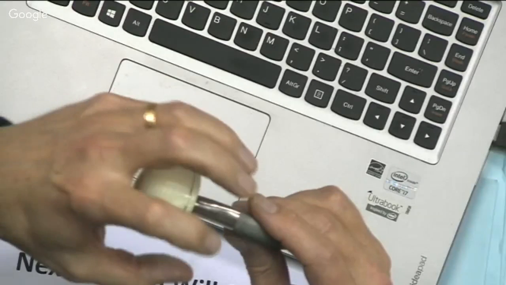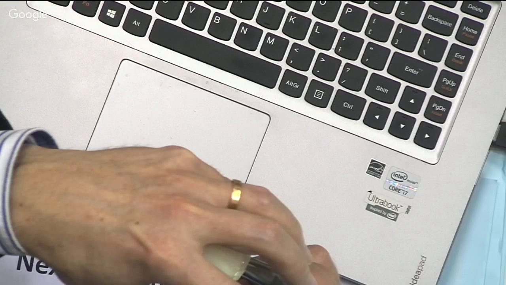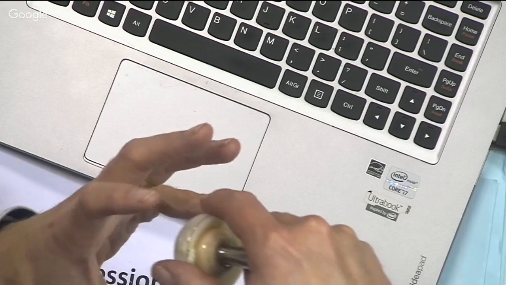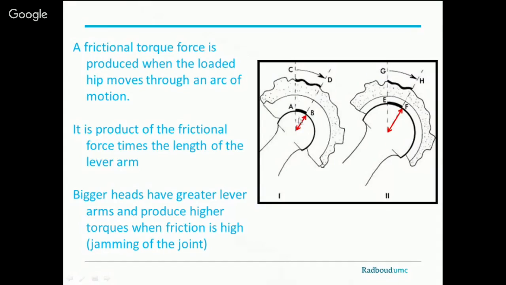If you have a very big ball that is jamming and the patient is moving the leg, it's going to generate a very big torque on the fixation. So here you see the head, the polyethylene, or the cup, I should say, and this is then the cement. If you have a small head, the stresses on the interface will be lower than if you have a big head causing that jamming.